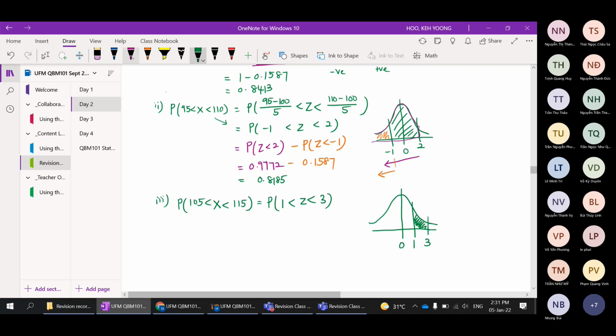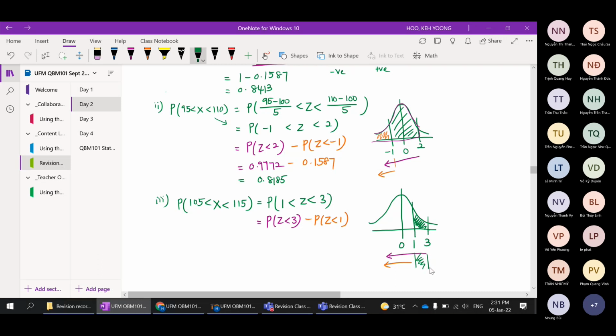So what you do, same like the previous questions, take the largest area, Z less than 3, you minus Z less than 1. Then you will have the area in between here. Need some imagination.